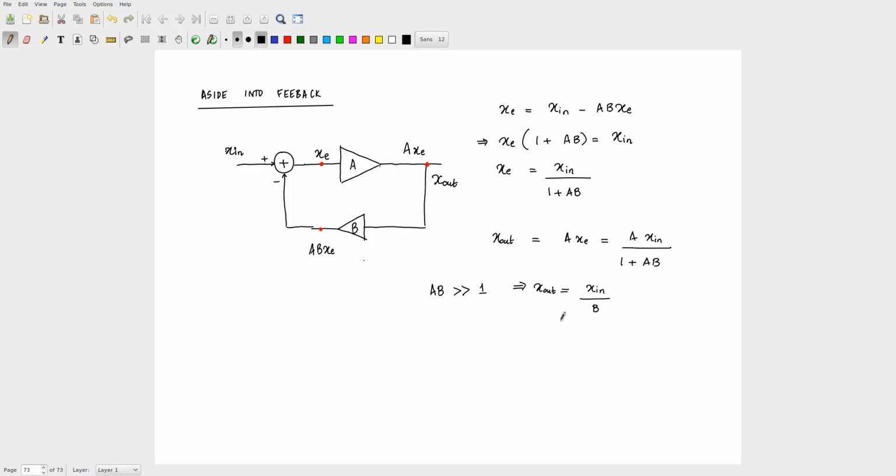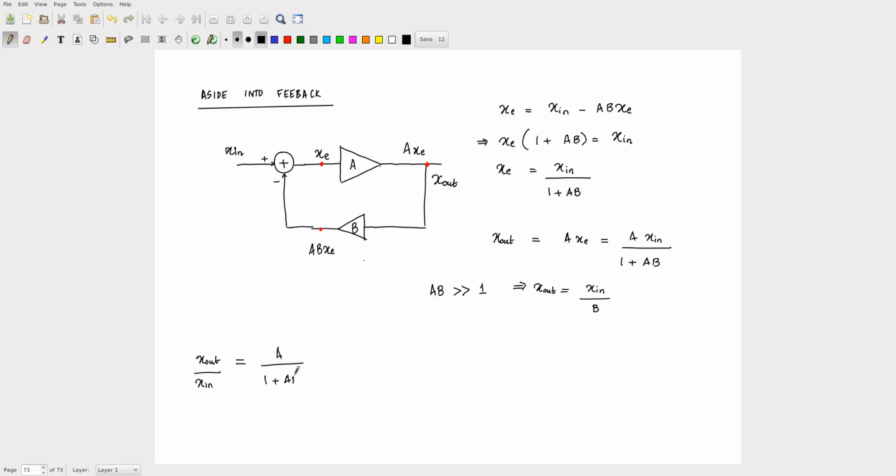Okay. Now let's give some names and explain what is happening. So if you take the ratio of X out by X in, what is the ratio X out by X in? No, A by 1 plus AB.